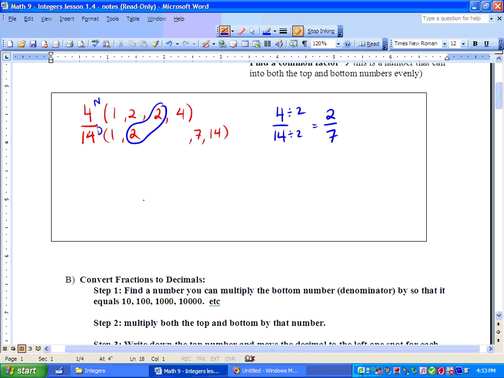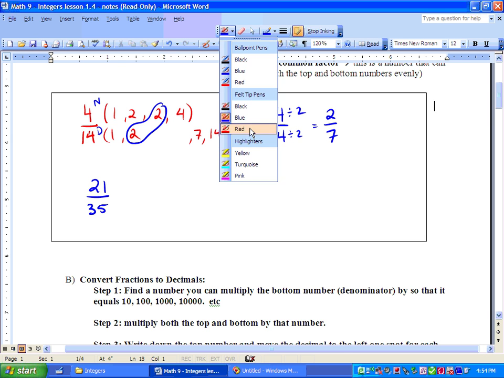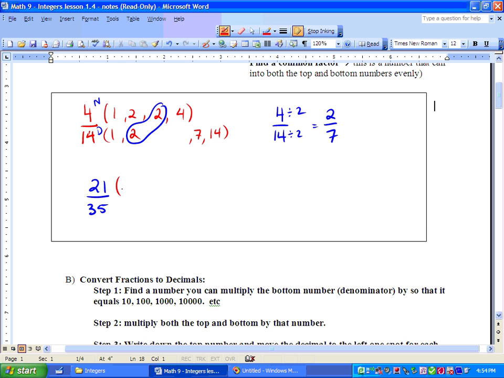Alright, let's try one more. 21 over 35. Now, if you're really good at your multiplication tables, you'll know that a certain big number goes into 21 and 35. But if we're not so good at our multiplication tables, we have to do this. 1 and 21 make up 21. 3 and 7 make up 21.